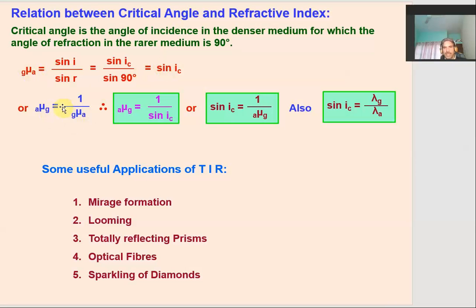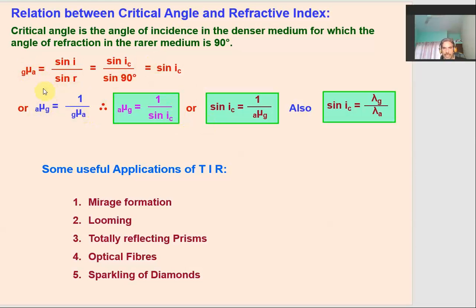From here, if we want to write the refractive index of glass, we can write it as the reciprocal of the refractive index of air with respect to glass. So the refractive index of glass with respect to air is equal to the reciprocal of the refractive index of air with respect to glass, and this term, which is sine IC, gives 1 upon sine IC. It is simple.